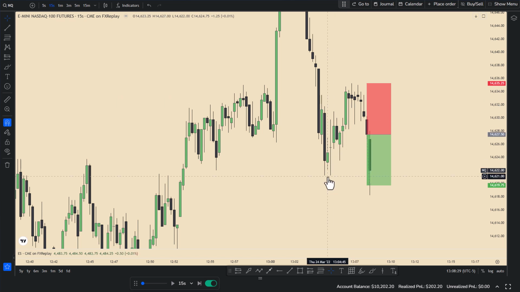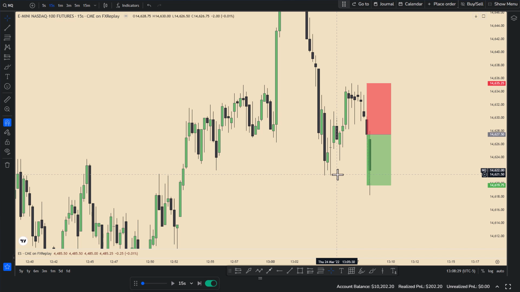So look what happened here. We retraced back, we swept this, retraced back into what? The imbalance. And we showed weakness here, and then we continue in that direction. Okay? Alright, so that's something that you will learn only from experience.